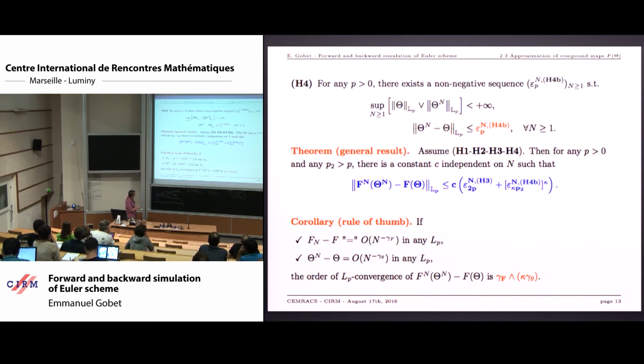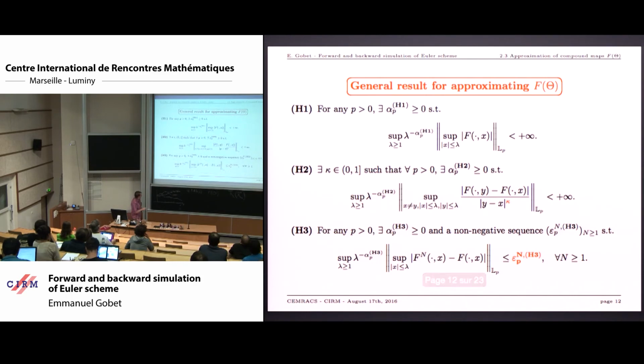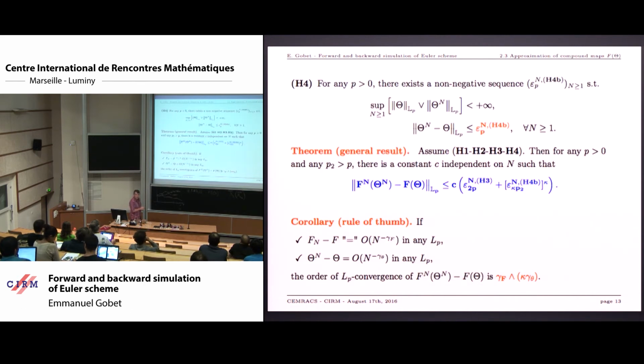There is first an error between F_n and F, which has the rate of convergence between F_n and F, plus an error coming from the distance between theta_n and theta to the exponent kappa, kappa being the Hölder regularity of F. So essentially, if the rate of convergence for F is gamma_F, the rate of convergence for theta is gamma_theta, and kappa is the order of regularity of F, then the order of convergence is the minimum of gamma_F and kappa times gamma_theta.